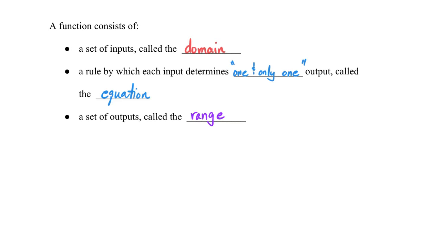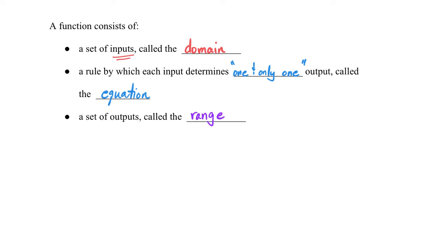So what you see on the screen right now, those 3 bullets on the left, all define the parts that make up a function. Now, one of these is very particular to being a function. The rest is just a generic relation. When you take a look at that first bullet, we have a set of inputs.